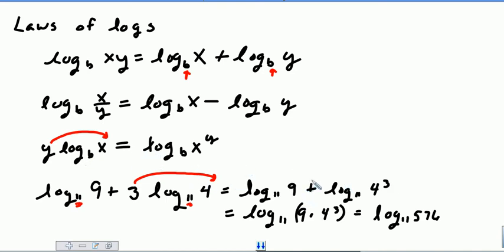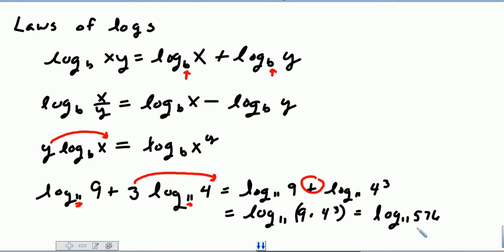Now I want to come back, and this plus sign is going to become multiplication, and I'm going to have log base 11 of this factor 9 times this factor 4 cubed. So if you want to go ahead and do the arithmetic there, that's log base 11 of 9 times 4 cubed, which would give us log base 11 of 576.